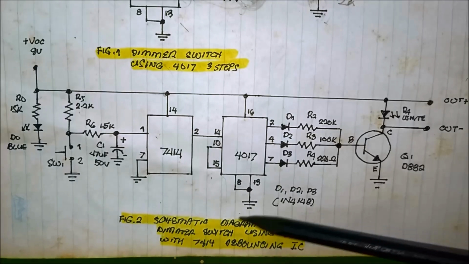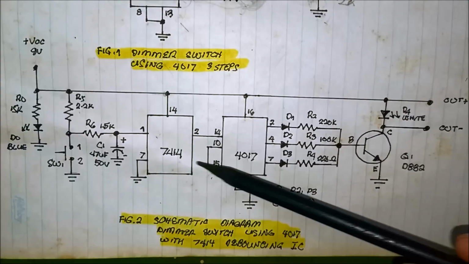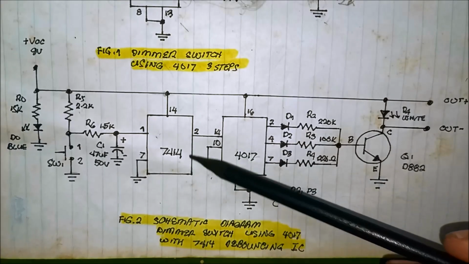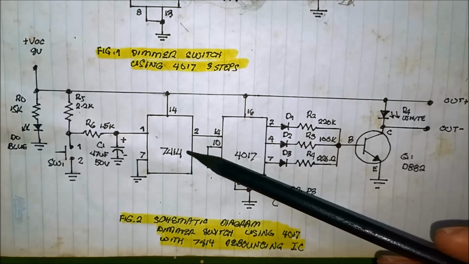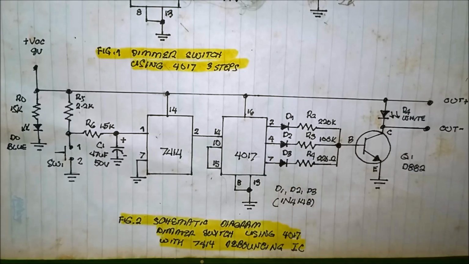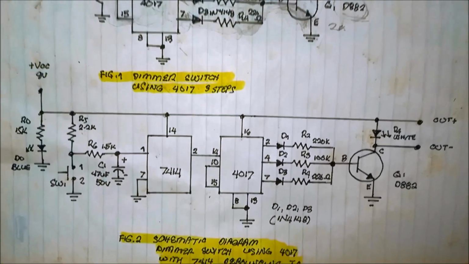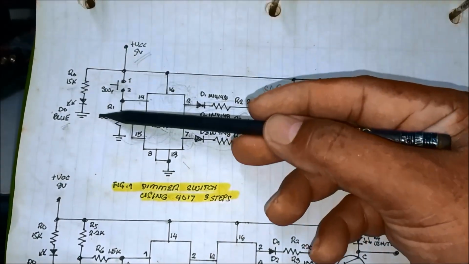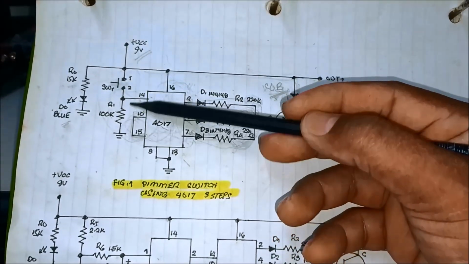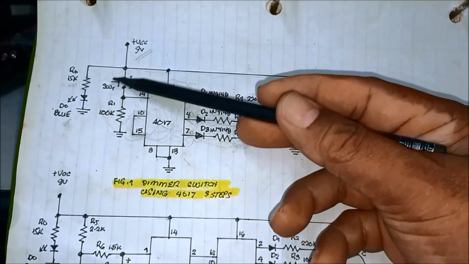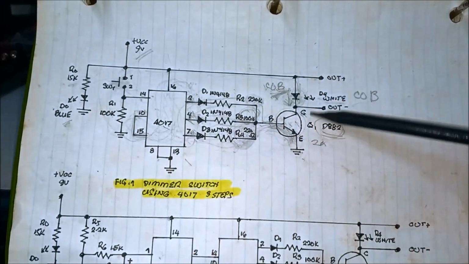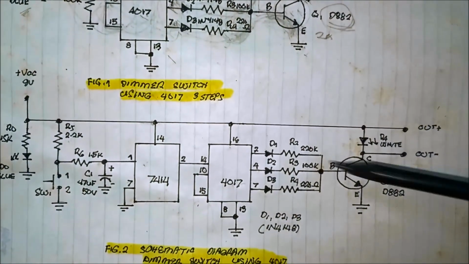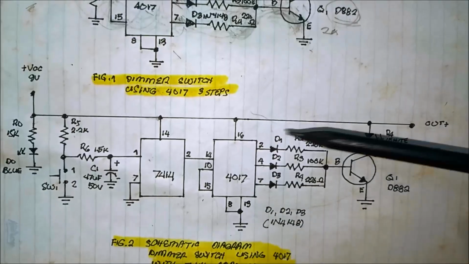Schematic diagram of dimmer switch using 4017 with 7414 debouncing IC. So this is the debouncing IC. Originally we have this portion with no debouncing IC, and the rest is the same with the new schematic diagram.